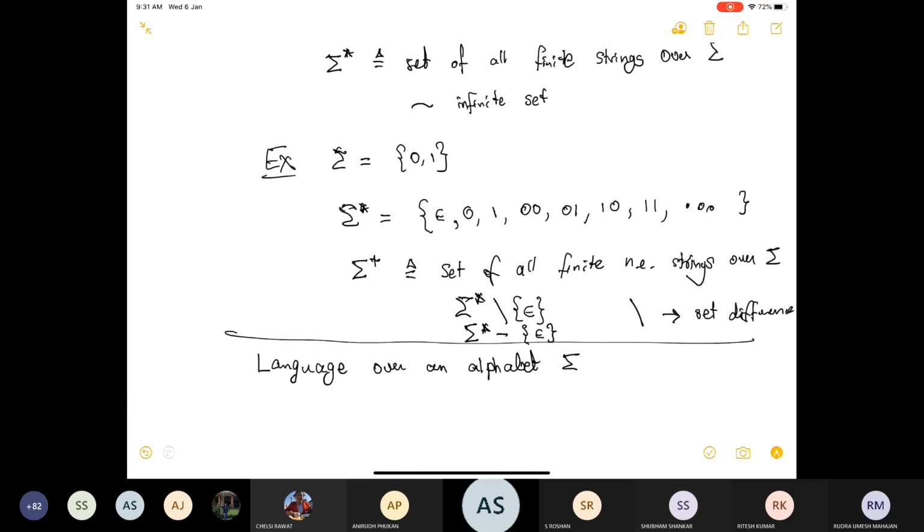This is set difference. Which symbol are you talking about? Oh, this one.